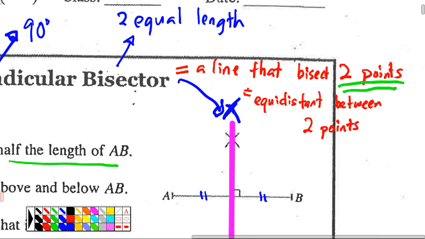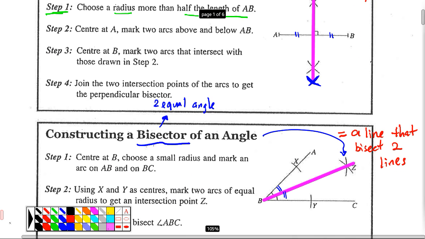So similarly, if they ask you, Zini, can you construct a line that is equal distance between what? Two lines. Then what do you construct? Angle bisector. So far okay?